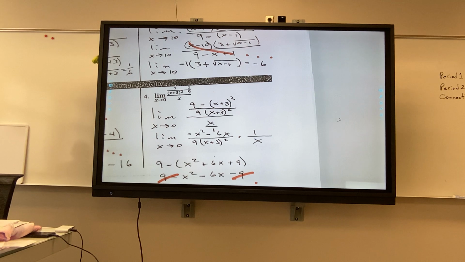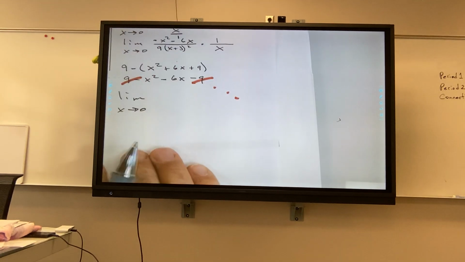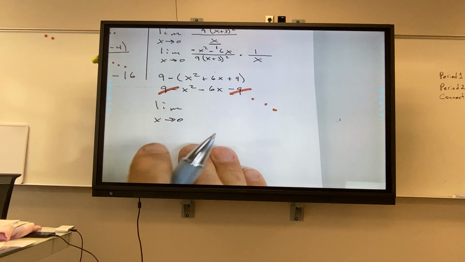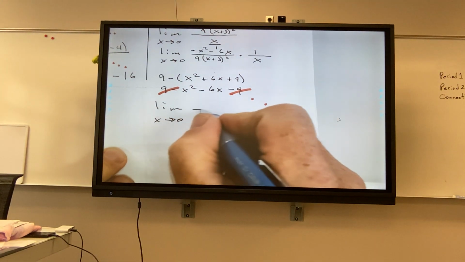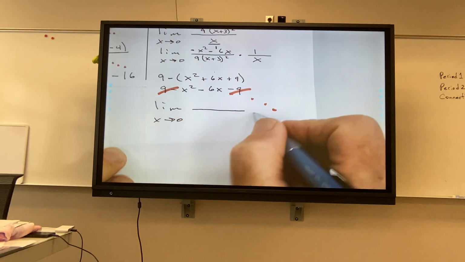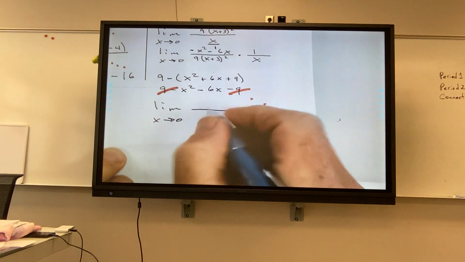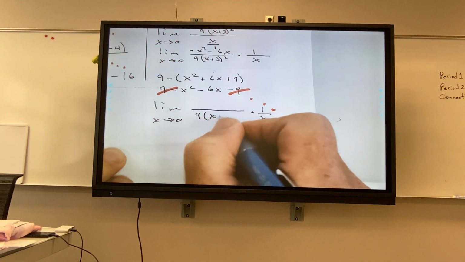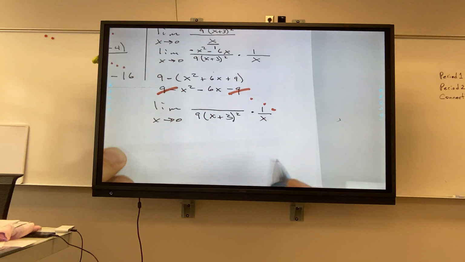Would you agree? Yeah. Alright, so now I've got the limit, luckily I've got this room down here. We can't see the bottom. Yep, I'll bring it right up. Is that better? X, down here I have 9 times x plus 3 squared.